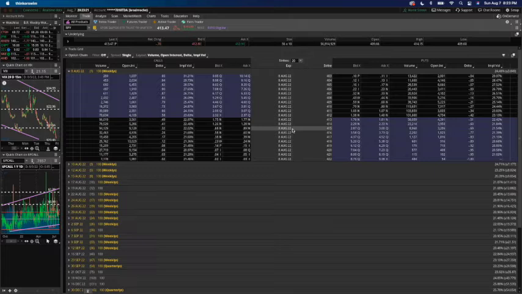I will let you guys know that the concepts I'm going over here don't matter as much for SPY, QQQ, those types of stocks, because look, do you see how drastic these numbers are? Look at how large the volume is and how high the open interest is. It really doesn't matter which one you pick that much.